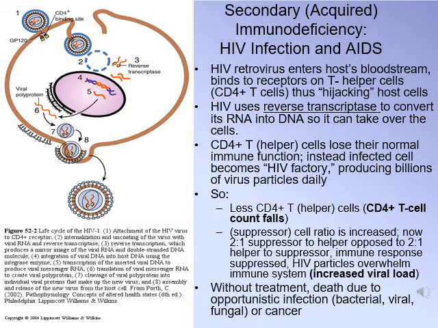So it basically gains access and then just multiplies and spreads. It's like an HIV viral factory, where it can produce billions of virus particles daily. So without treatment, death due to opportunistic infections, bacterial, viral, or fungal, will occur.